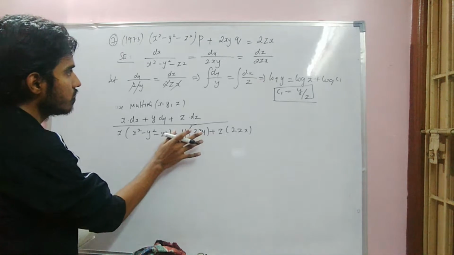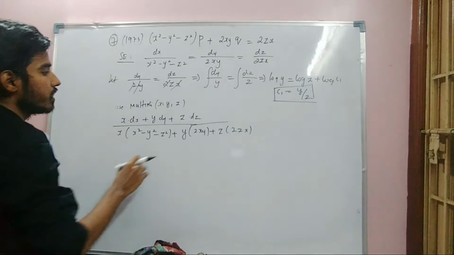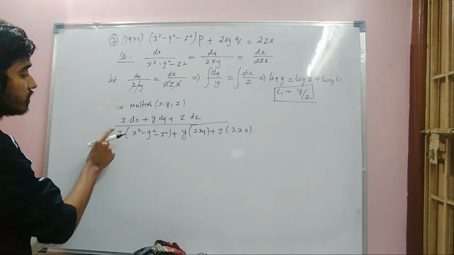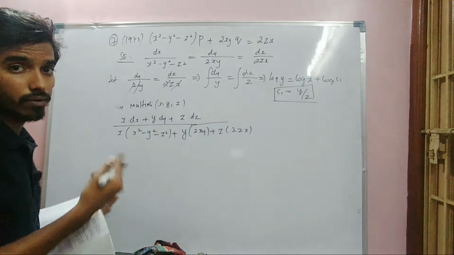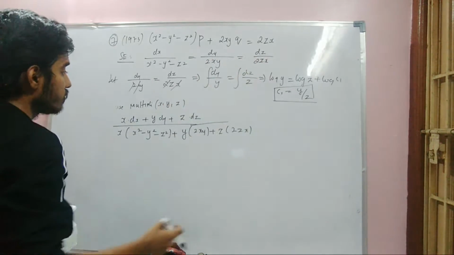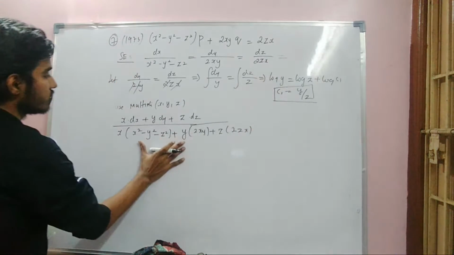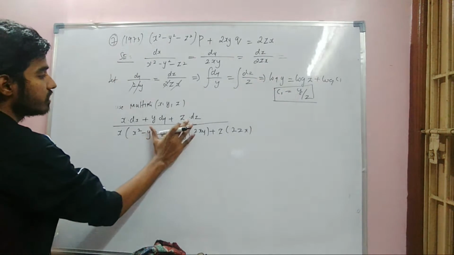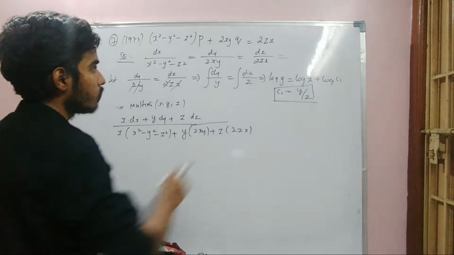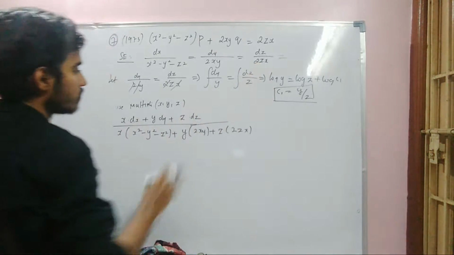We are going to have this same as this, right? We are going to equate this term and this term now, because we are just multiplying and dividing by x, so this won't make any difference to the equation. So I am going to write this is equal to this term x dy plus y dx plus z dz divided by this entire term, and then I am going to equate this term and this term. I am going to group this term and this term, right?